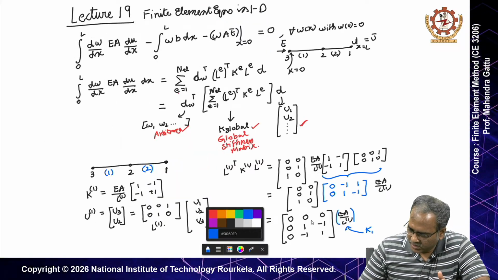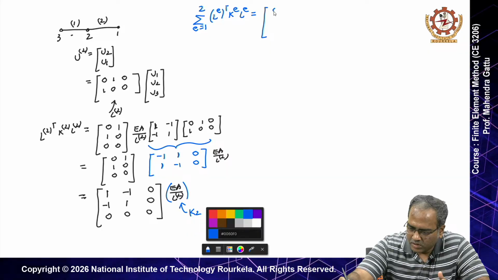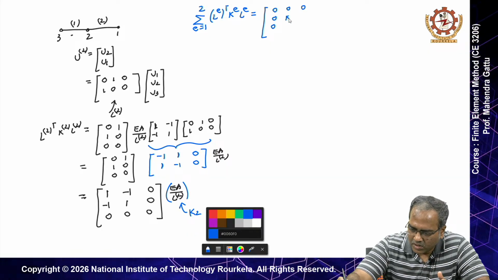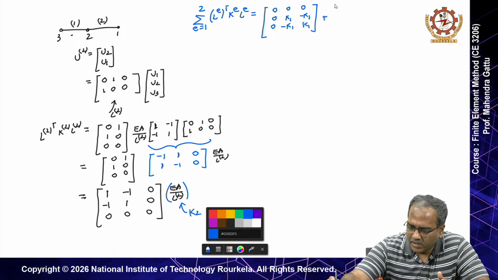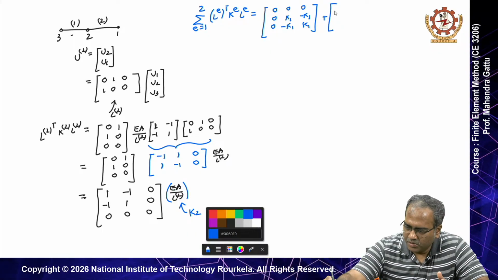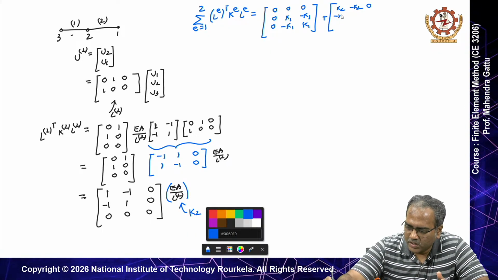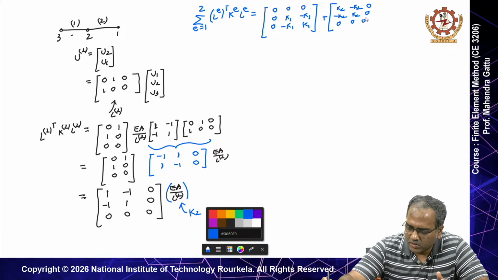The first matrix is [0, 0, 0; 0, K1, minus K1; 0, minus K1, K1], and the second matrix is [K2, minus K2, 0; minus K2, K2, 0; 0, 0, 0].